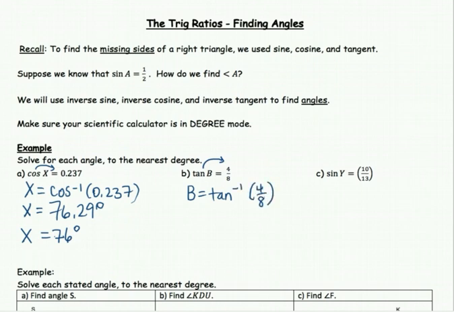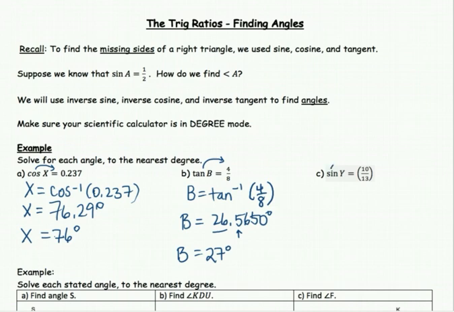Then we're going to take our calculator and calculate that: inverse tangent, 4/8, is 26.5650. You need to round to the nearest degree, so you look at this number here, and it's 5 or greater, so we're going to round up to 27 degrees.